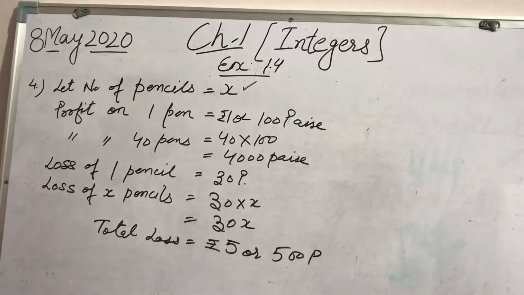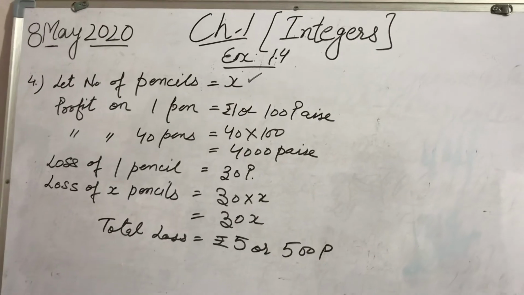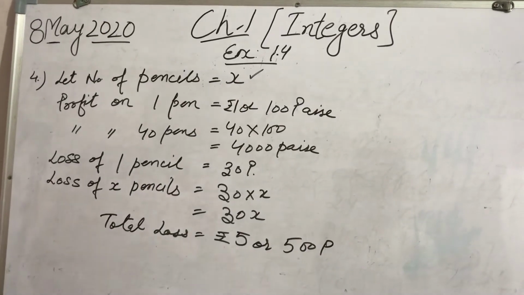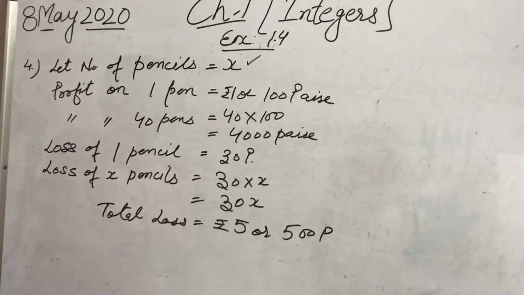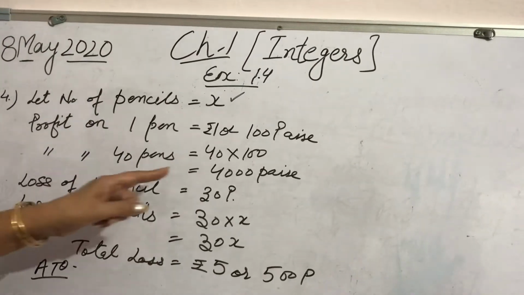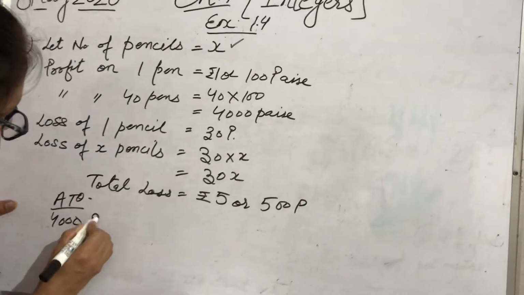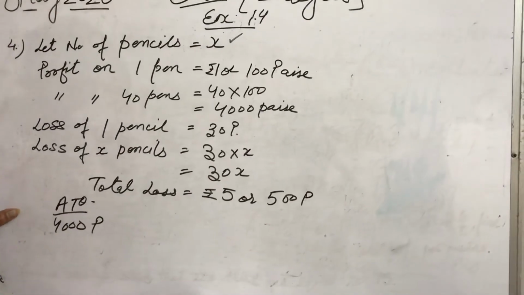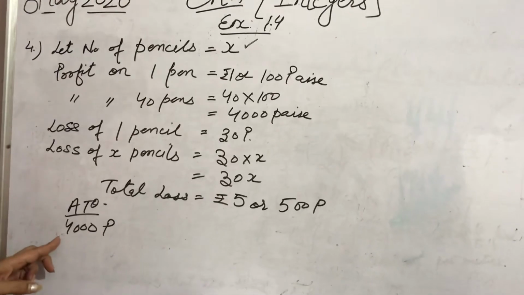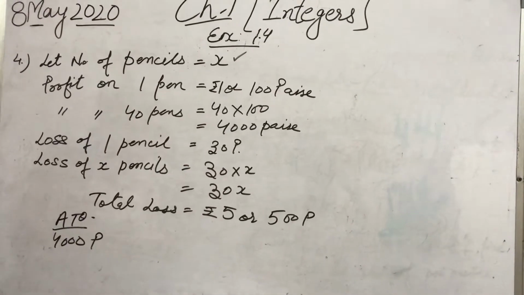Now what do we have to find? We have to find the total number of pencils. So according to the question, the total profit we have is 4,000 pies, and we know profit is always taken as a positive integer and loss is taken as a negative integer.